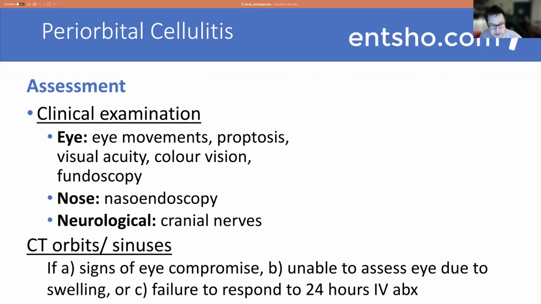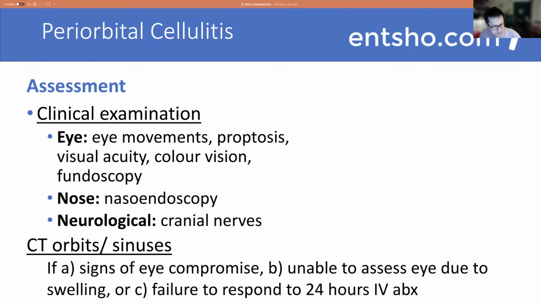One might anticipate loss of red saturation in vision, and fundoscopy as well to evaluate for any papilledema suggesting neurological involvement. Of course, you want to have a look in the nose as well, looking for any signs of discharge coming from the osteomeatal complex, and an assessment of the cranial nerves generally, as well as the eye ones.